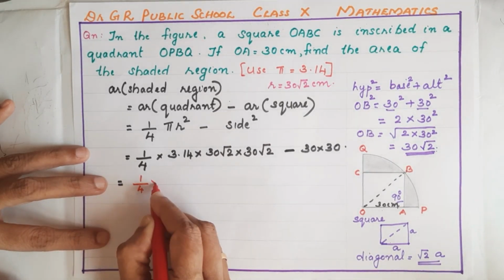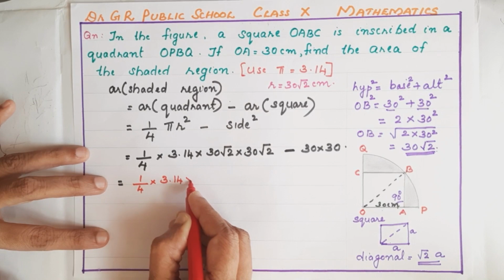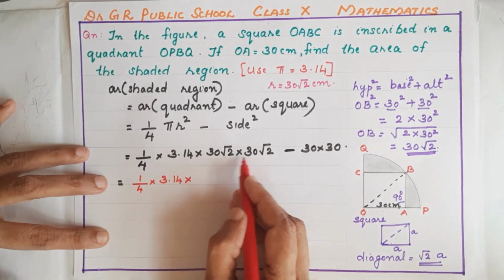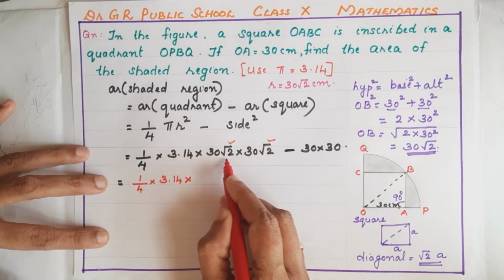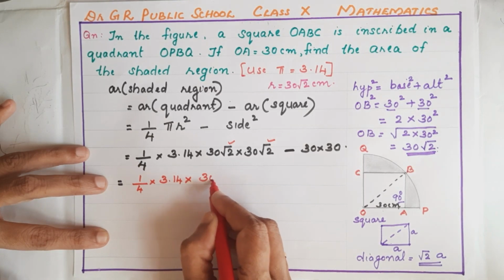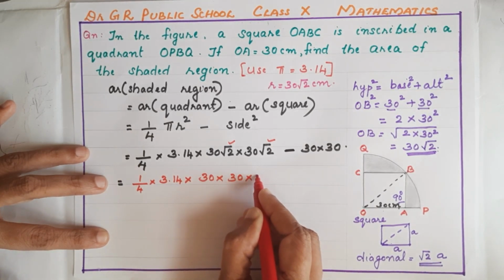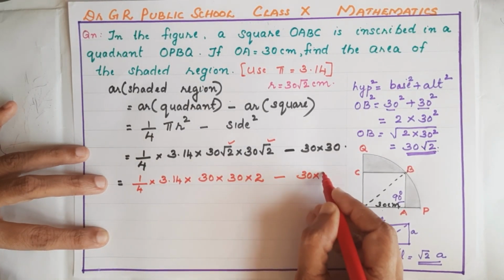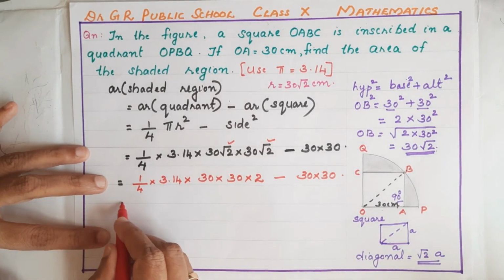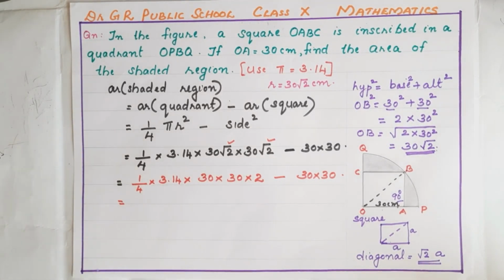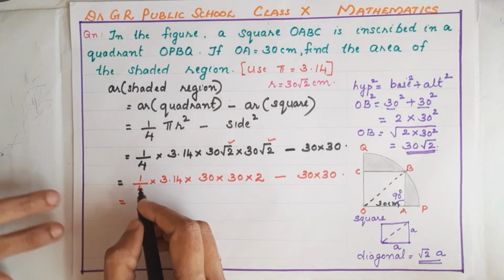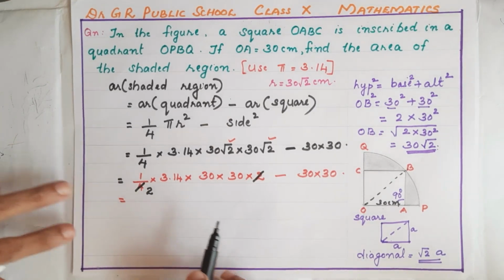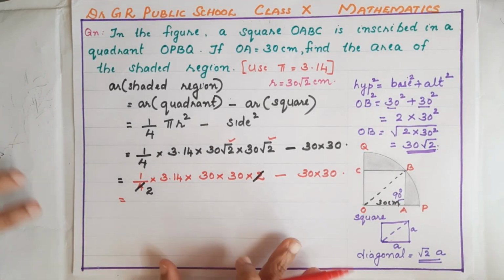It is 1 by 4 into 3.14 into root 2 into root 2, which is 2, into 30 square, minus 30 into 30. Now we can cancel 4 and 2. 4 and 2, I cancelled, leaving 2.